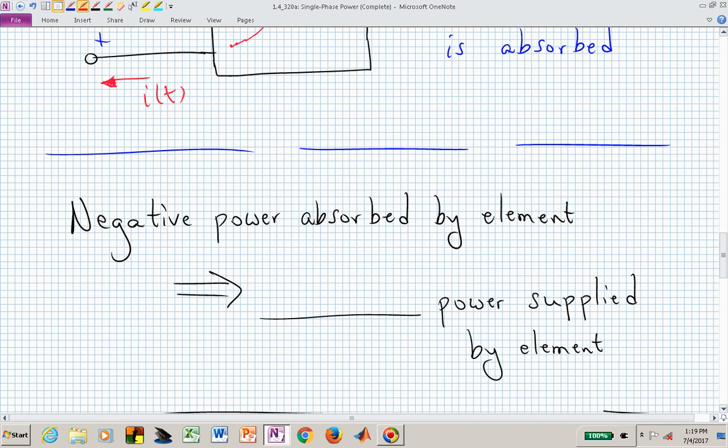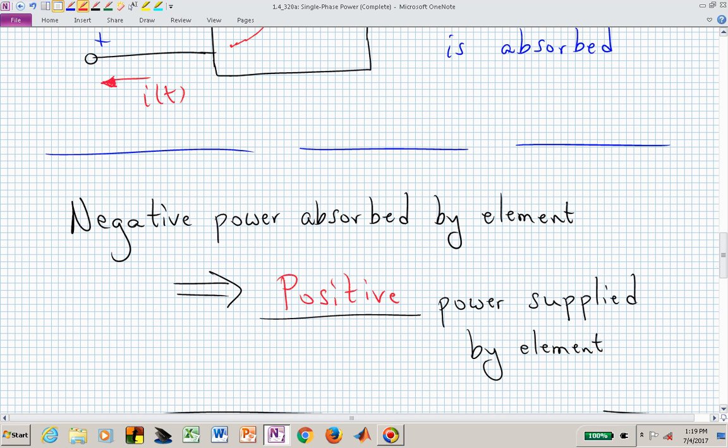Or, stated another way, if we have negative power absorbed by an element, that really implies that positive power is supplied by the element.